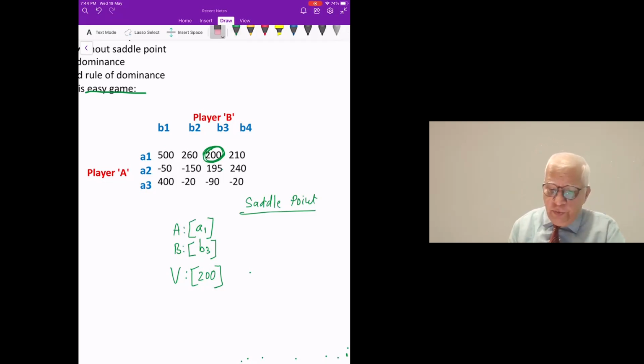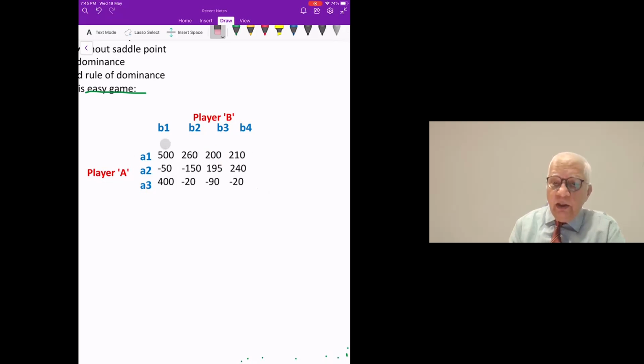Now look at this. If we were to solve for a saddle point, we mark the row minimum by a certain symbol. Like 500, 260, 200, 210. What is the row minimum? The row minimum is 200. So I'll mark it with a dot.